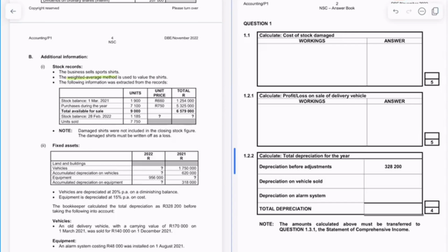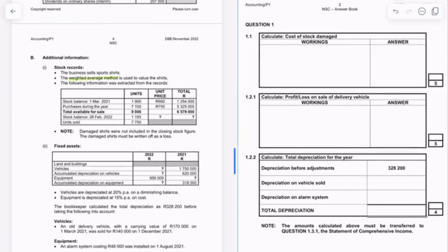Cost of stock damaged. We first have to work out the number of shirts that were damaged. They told us that they had 9,000 in total available for sale, so we're going to start with that figure. We've got 9,000 shirts available between the opening stock and what has been purchased.